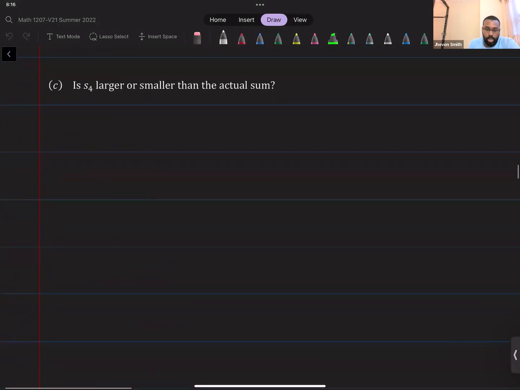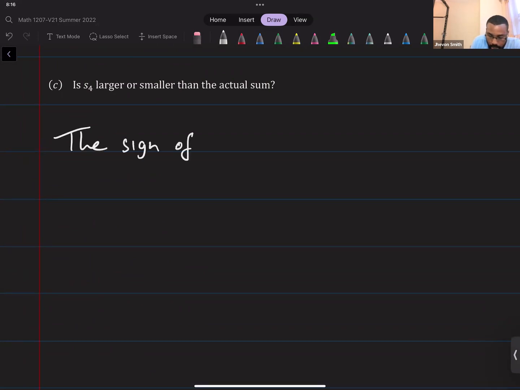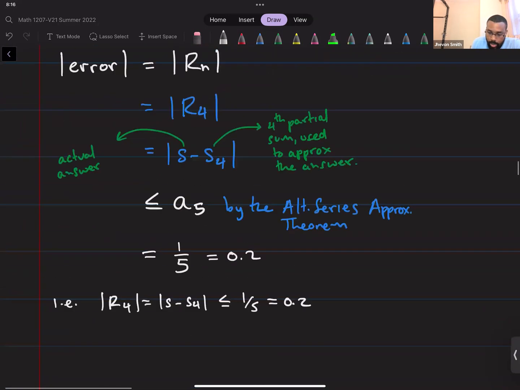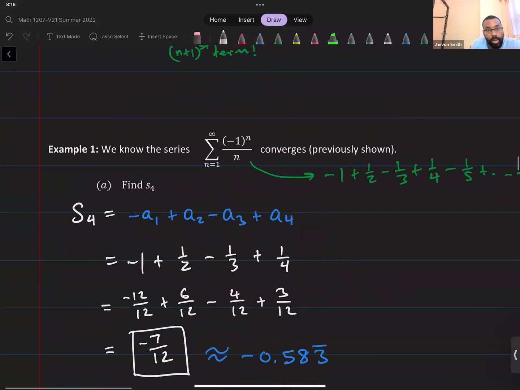Is S4 larger or smaller than the actual sum? So this is just a question of measuring: is our partial sum higher than the real answer or smaller than the real answer? And again, it's just a matter of looking at the sign. The sign of the fifth term is negative, because if I continued this pattern, it will be minus a5, minus 1/5.